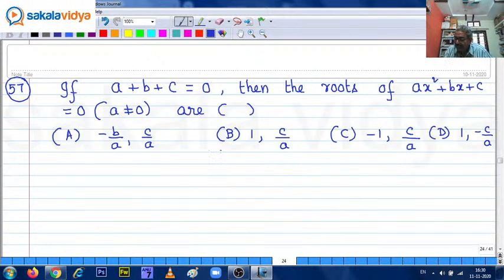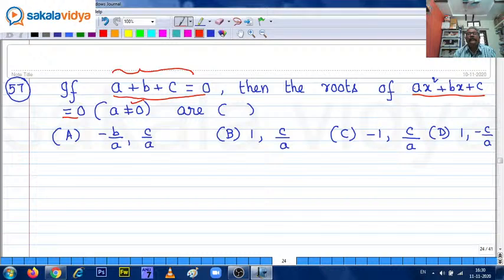Okay, no problem. If a plus b plus c equals 0, then the roots of ax square plus bx plus c equals 0, where a does not equal 0. The condition is given: the sum of all the coefficients of a quadratic equation is 0, so what are the roots? This is a very important criterion.